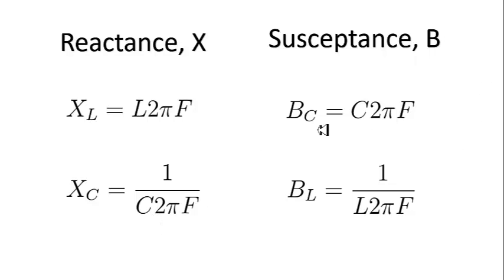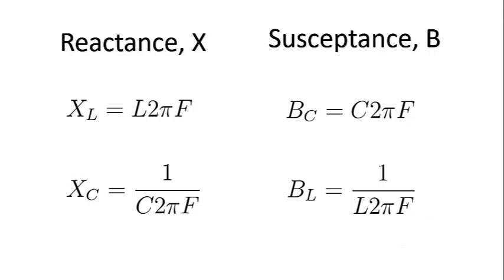In terms of susceptance, it's reversed. The capacitive susceptance is written like this: capacitance times 2 pi times frequency, and the inductive susceptance is the reciprocal equation, only you plug in the inductance instead of the capacitance.